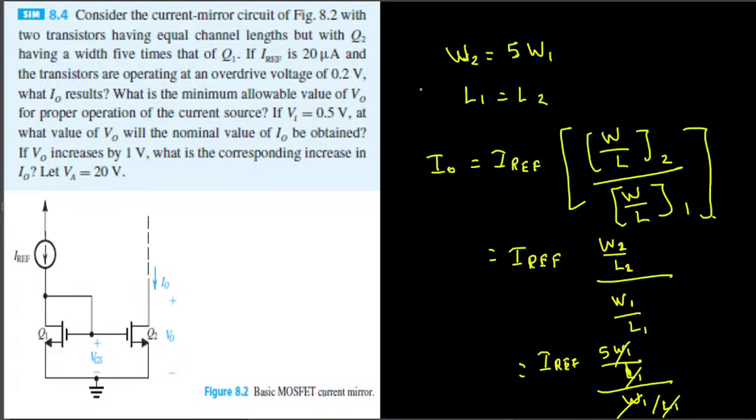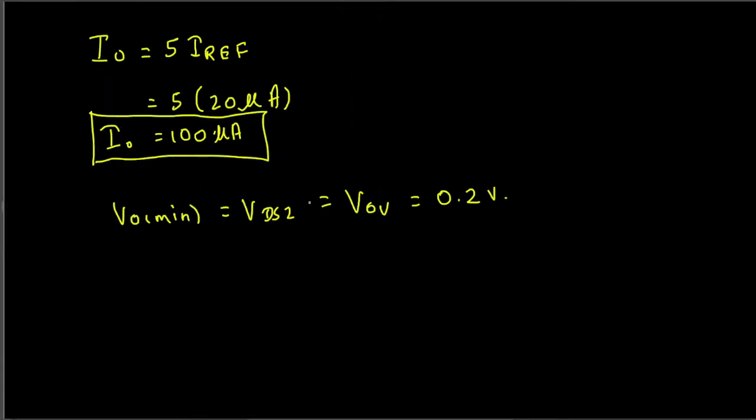here we need to find the gate to source voltage. Let's use a different color. So we know that V overdrive can be written as VGS minus VT. And here we are trying to find VGS.